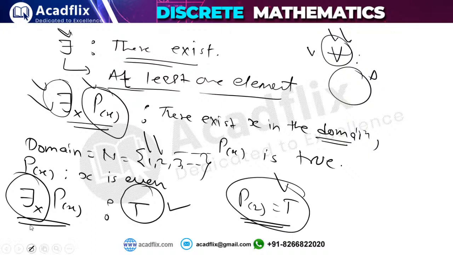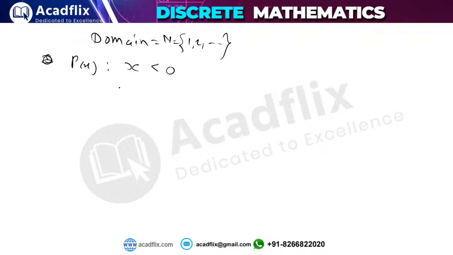Let's take one more example. Let's assume our domain is the set of natural numbers, the same domain. My first predicate is P(x): x less than 0. Now tell me, there exists x P(x).